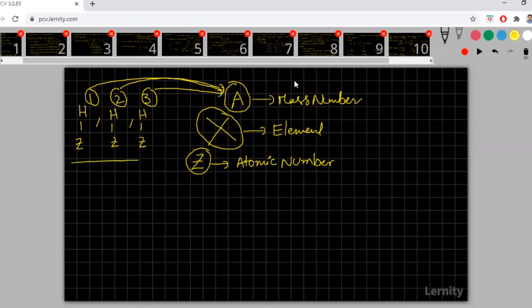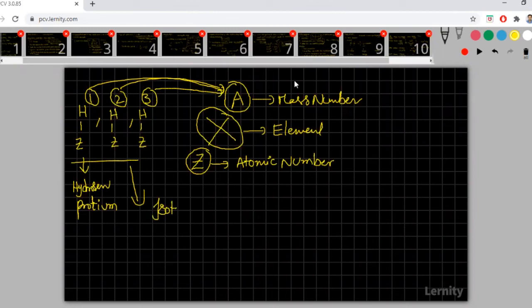Understand clearly? So this H 1 1 is called hydrogen, or we have to call it protium. These are all called isotopes of hydrogen. What is the meaning of isotope?